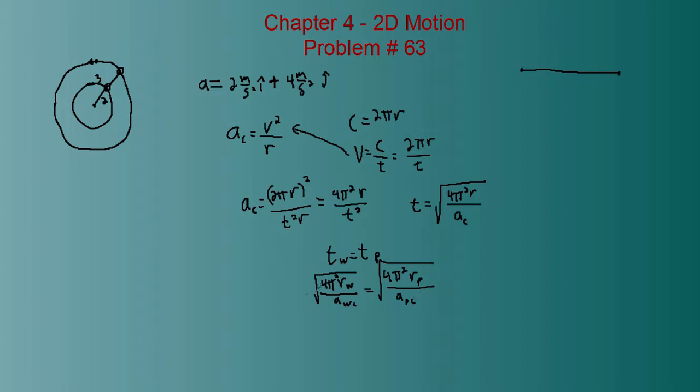The squares and square roots and the 4 pi squared cancel, so this turns into r wallet over a centripetal wallet, sorry, I'm just mixing up my letters, equals r of the purse over a centripetal of the purse.